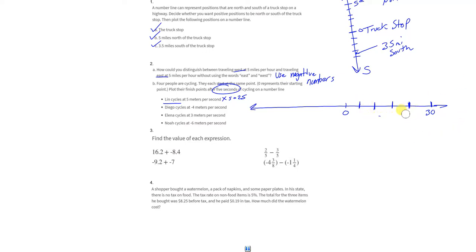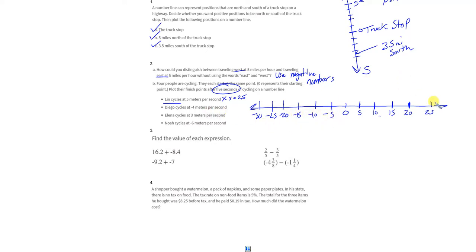Let's do it like this. I think if we did a 5, 10, 15, 20, 25, negative 5, negative 10, negative 15, negative 20, negative 25, negative 30, I think we'll be okay to get everybody in here. So I'm going to go ahead and plot all those points because we got to draw these.